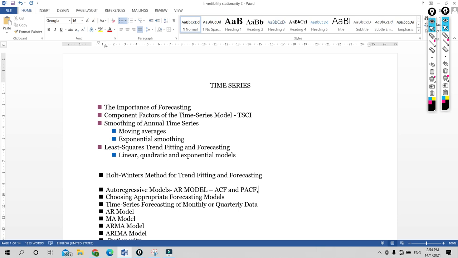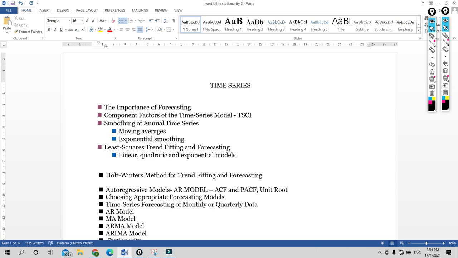It's known as unit roots, the unit root. So you can also use unit root to determine the appropriate model from the autoregression model.